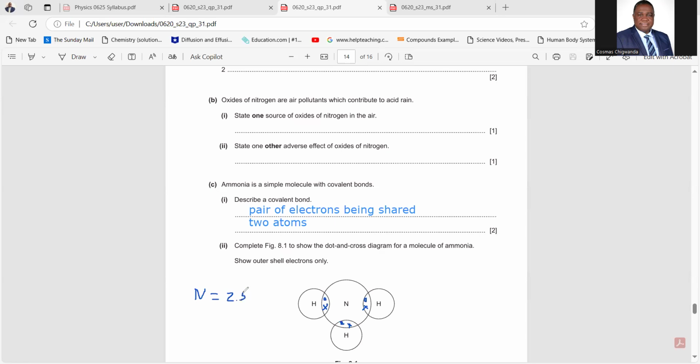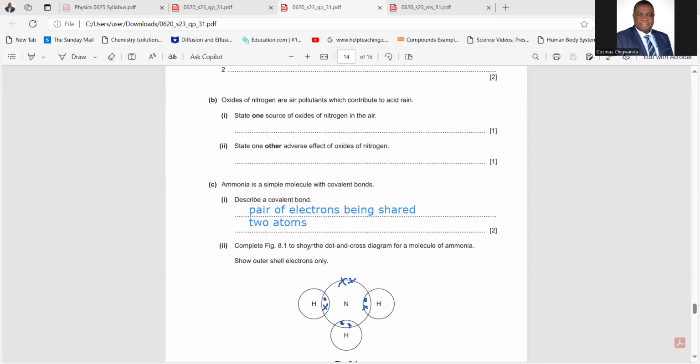So there are 5 electrons from nitrogen, but we have only put 1, 2, 3. So we have to put 2 more for nitrogen. So in essence, nitrogen has 2 unbonded electrons. And then when you have done this, you have done justice to this question because it says dot and cross diagram. You need to indicate dots and crosses.